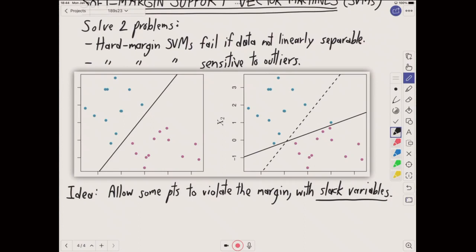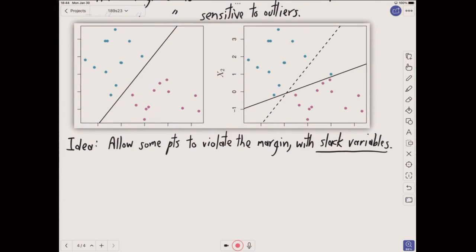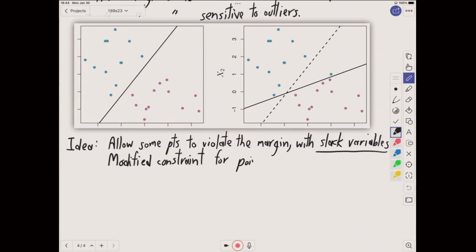These slack variables are going to appear in our constraints. We're going to modify our constraints a little bit to add slack variables. And here's how we modify the constraint, specifically for training point i.